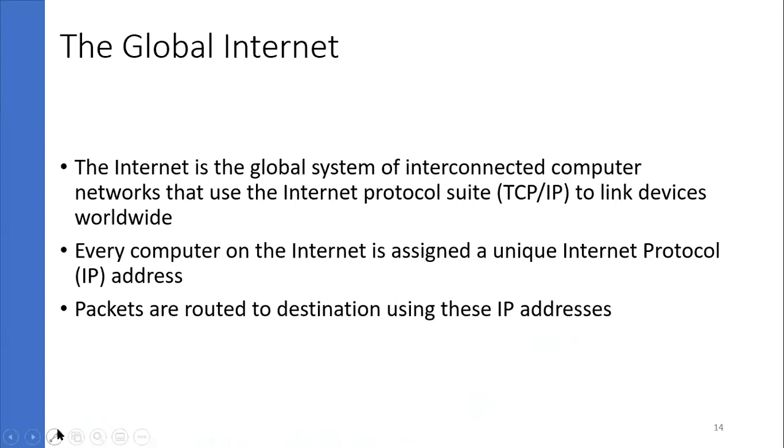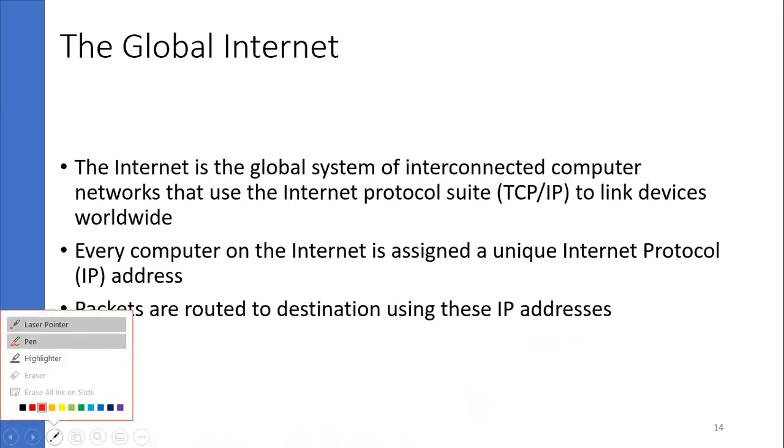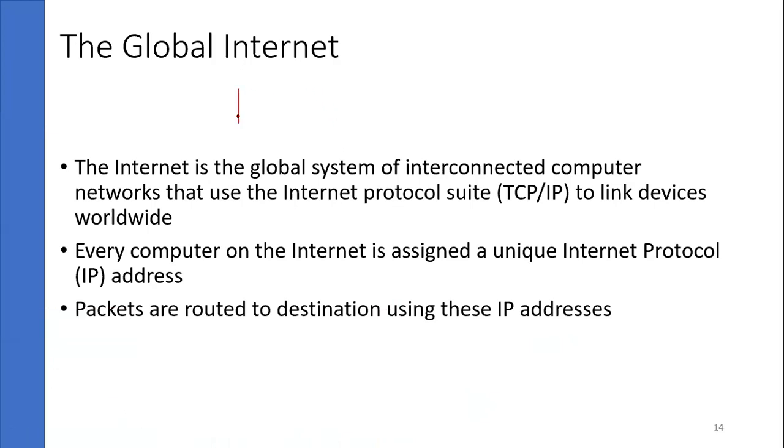I'll draw this story. Now your computer is in here and your printer is in here. I told you there's a packet transferring mechanism to transfer the packets between these two devices.